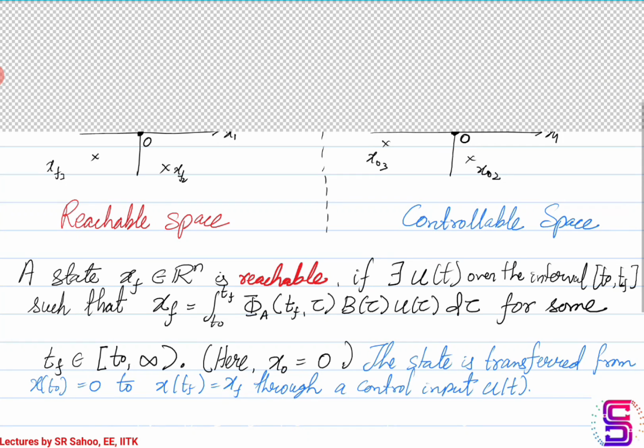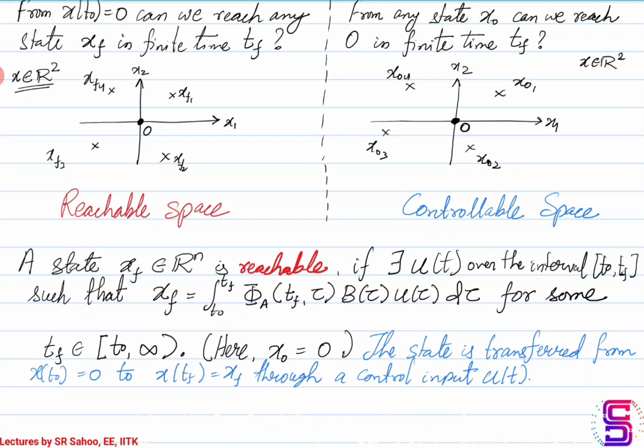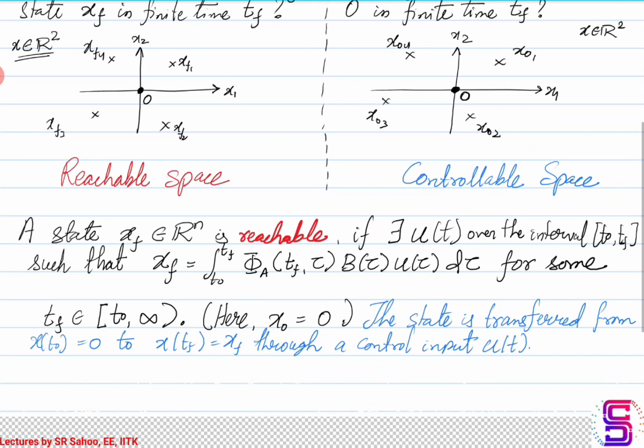Now, as I said, for a reachable state, we are considering the initial condition to be 0. So if you recall from the solution, with x of t0 being 0, we do not have the zero input response part. What you are essentially seeing here is the zero state response.